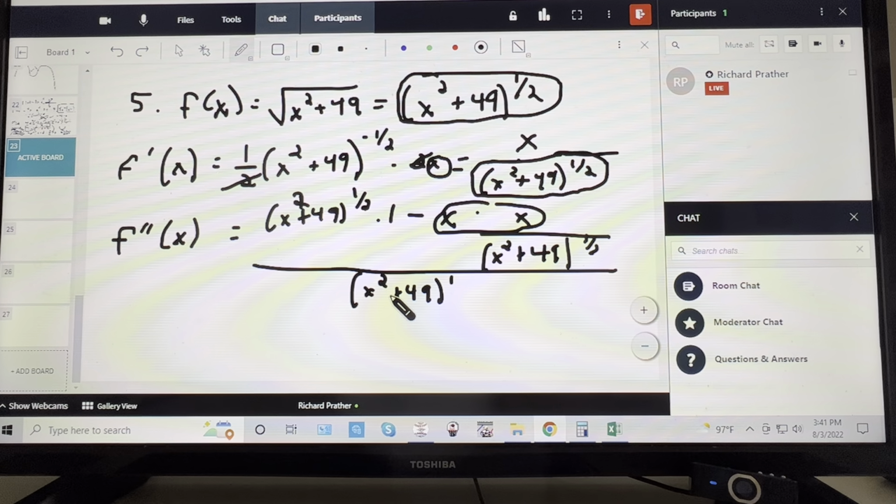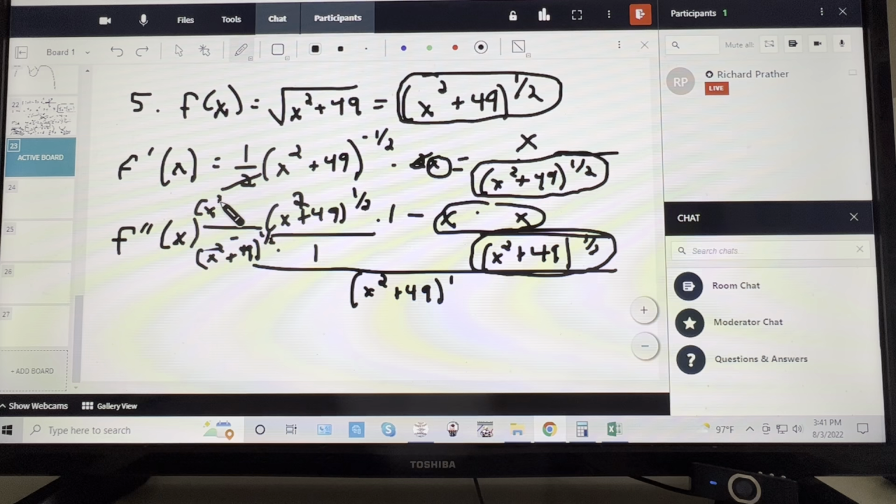It's not good to have fractions inside of fractions. So the key is to get a common denominator of this x squared plus 49 to the 1/2. I need that here where there's basically a 1. So you're multiplying both the top and bottom by x squared plus 49 to the 1/2 power. And then when you do this 1 to the 1/2 times this 1 to the 1/2, that's when you add exponents. 1/2 plus 1/2 is 1.